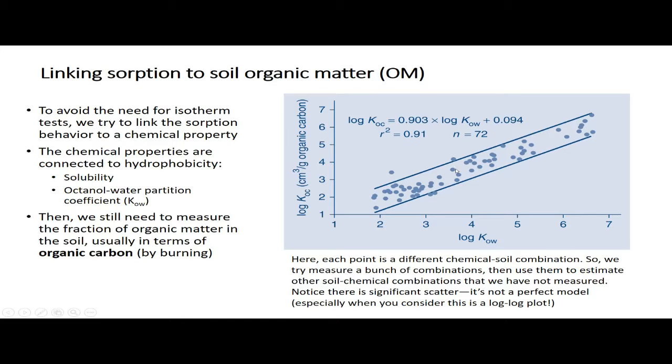But if you do the isotherm test with all of them, you get this cloud of data points that have a trend, and when you fit that trend, you get a pretty good regression, 0.91 R squared. So then you could use this regression to try to predict the K for other chemicals.